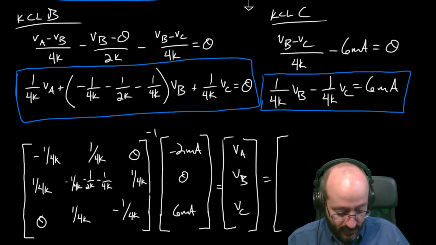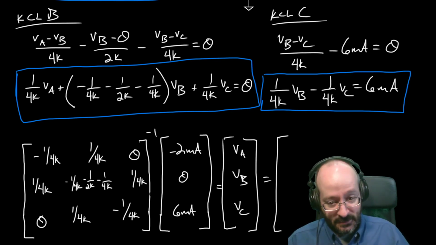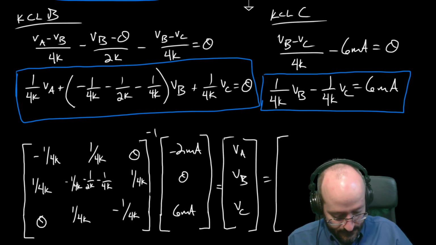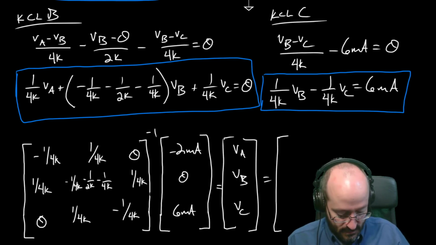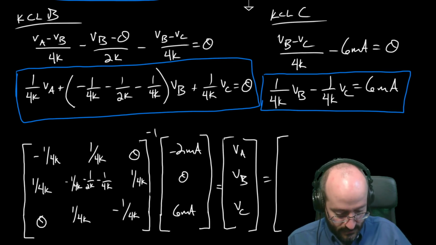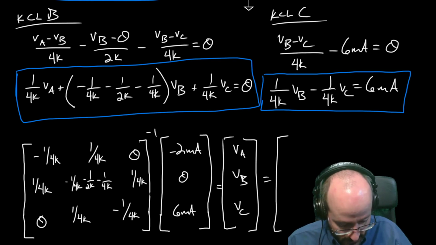Also, not forgetting the negative sign helps me a lot. So negative 1 over 4K, 1 over 4K, 0, and negative 2 mils for my first one. For positive 1 over 4K, negative 1 over 4K, negative 1 over 2K, negative 1 over 4K.